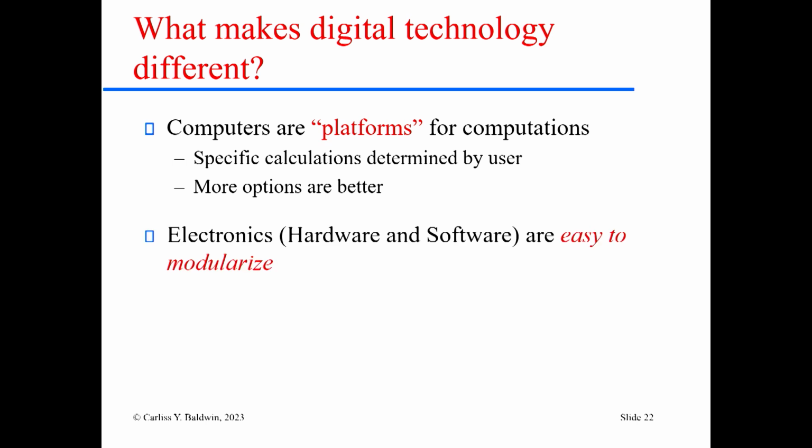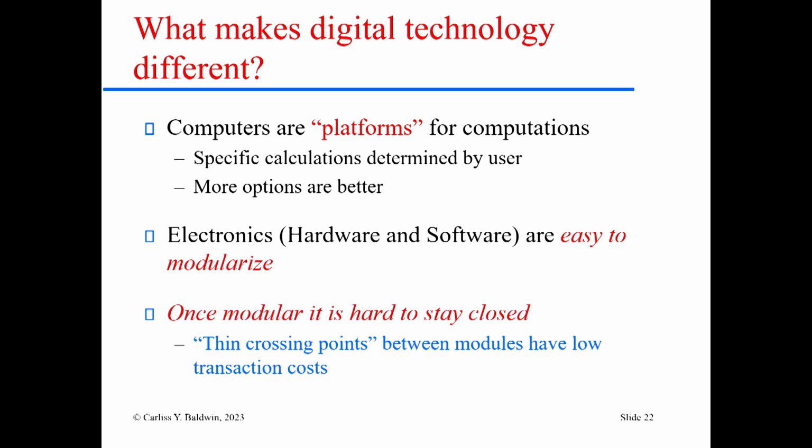As it happens, this is due to Dan Whitney, who's a professor here. Electronics, hardware and software, are easy to modularize. Much easier to break apart than a car or an airplane or construction projects, although construction's an interesting thing. Once the system is modular, it's hard to keep it closed.